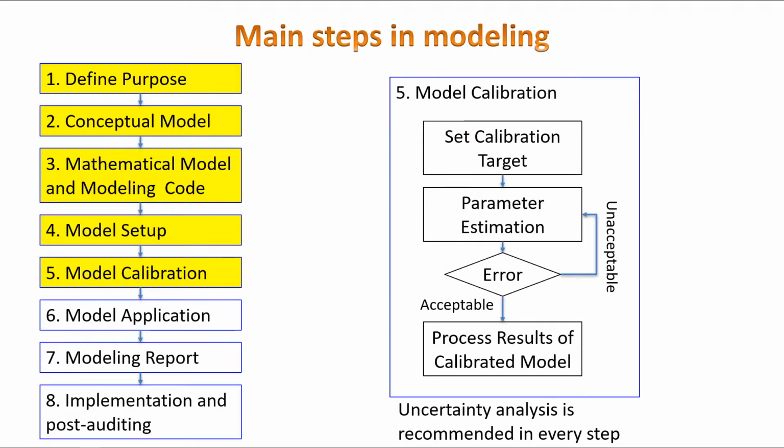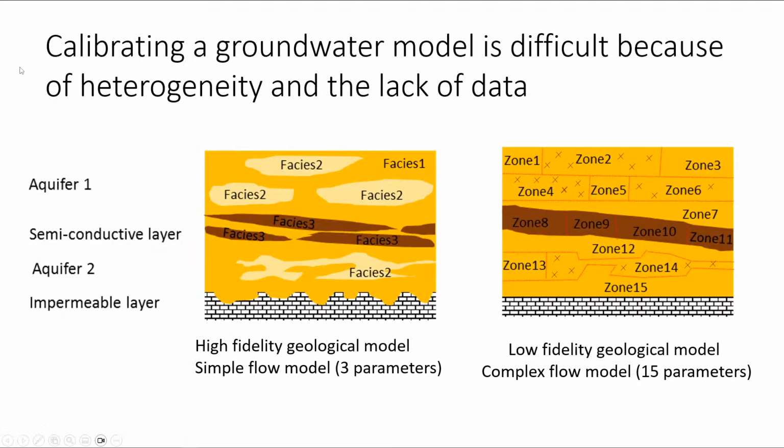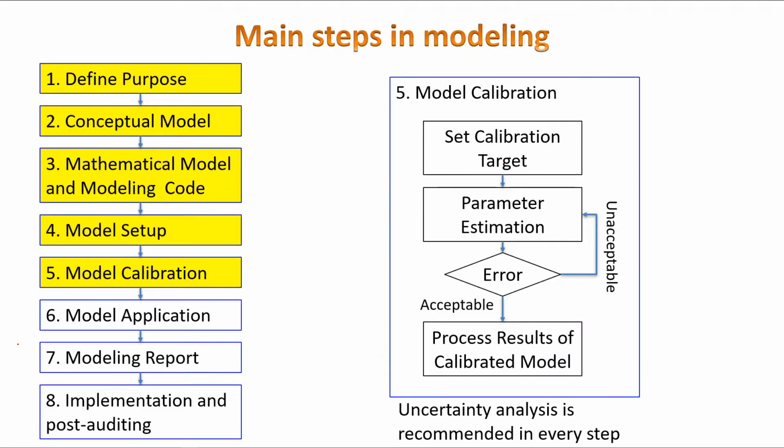Let's do a review first. So these are the main modeling steps. The most important step is to define your model purpose, because once you know the model purpose, then you would know exactly what model you need, what data you need, and what to include and what not to include to answer your management or research question.